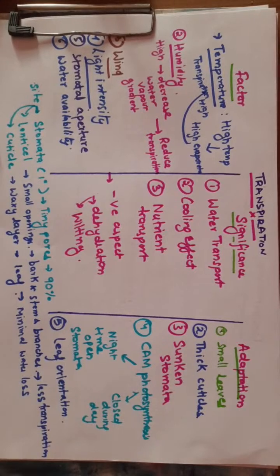The third one is the cuticle, a waxy layer on the leaf surface, and since there is a waxy layer, there is a hurdle for water vapor to pass from the leaves. So this contributes to minimal water loss. You got my point: stomatal transpiration displays the highest transpiration rate.